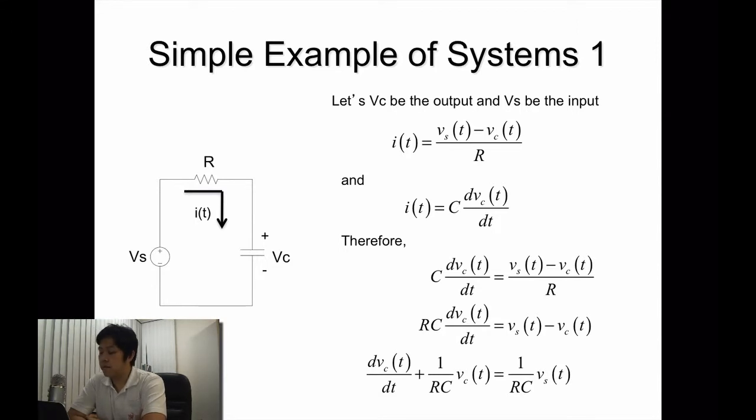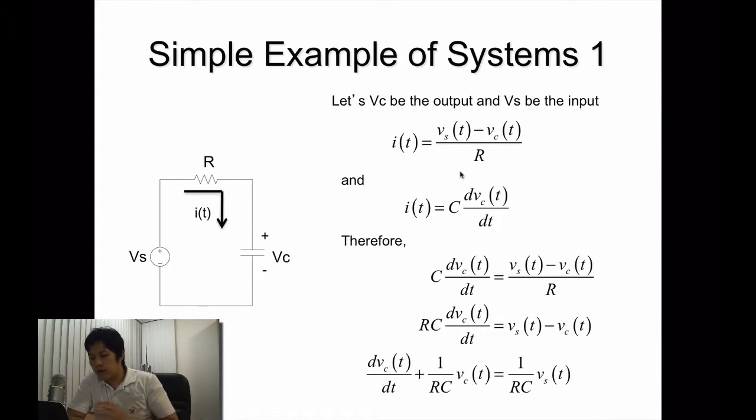We can do that by using physical laws that are there. So here we know that there is a certain relationship between voltage and current. That is, the current i(t) passing through R has to obey Ohm's law. So i(t) equals vs(t), this source, minus vc(t), the voltage across C, over R.